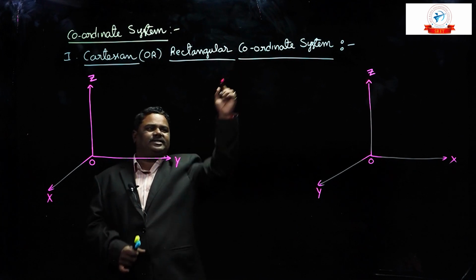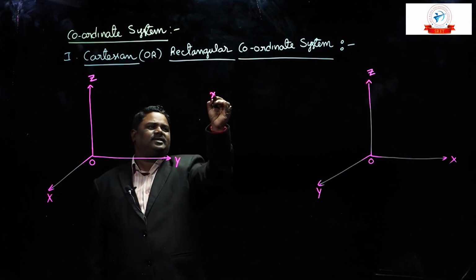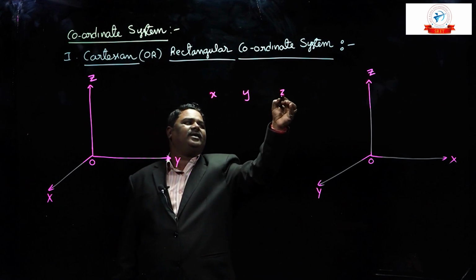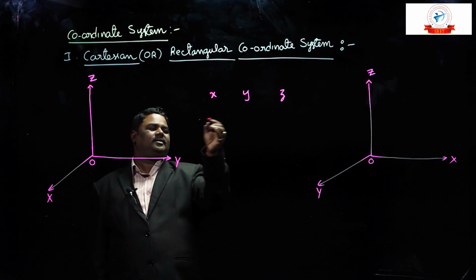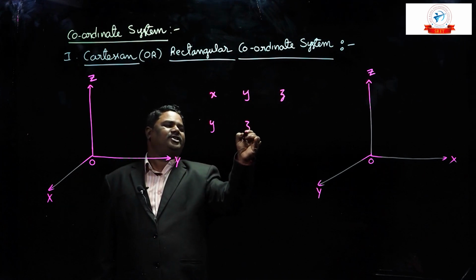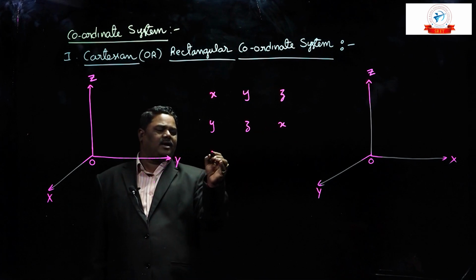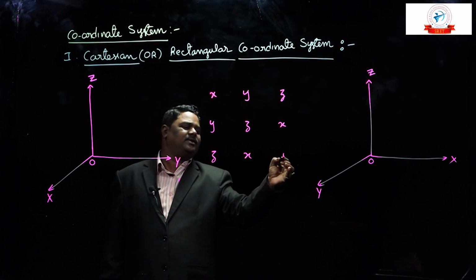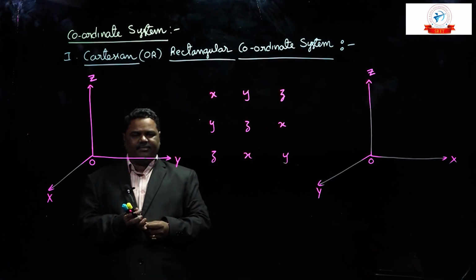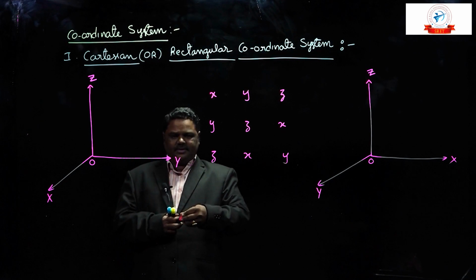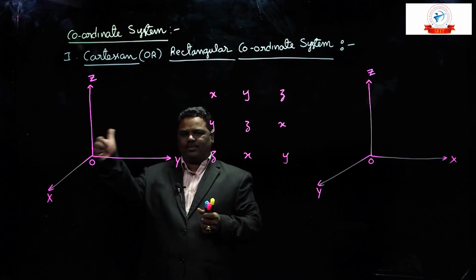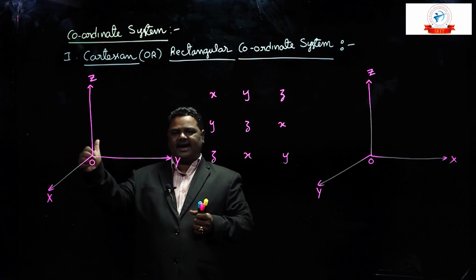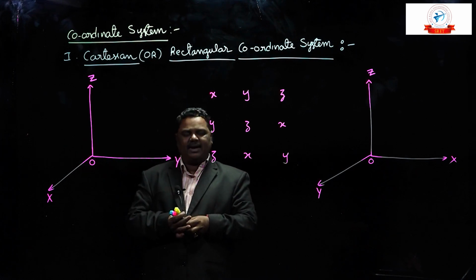So consider coordinate axes x, y, z, or in the order y, z, x, or with the order z, x, y. So here when we apply right hand thumb rule, four fingers of the right hand will rotate in some direction and the thumb shows another direction.